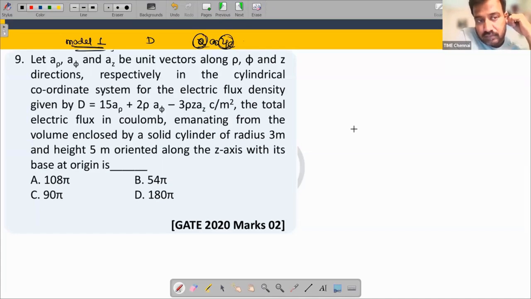If you want me to solve, type at least solve.